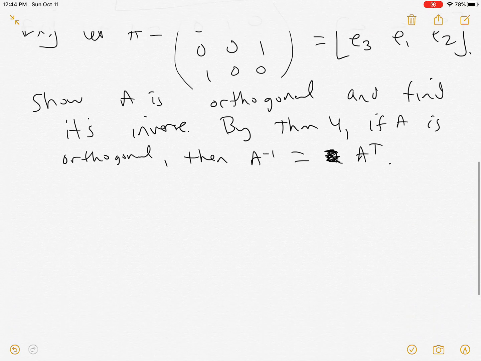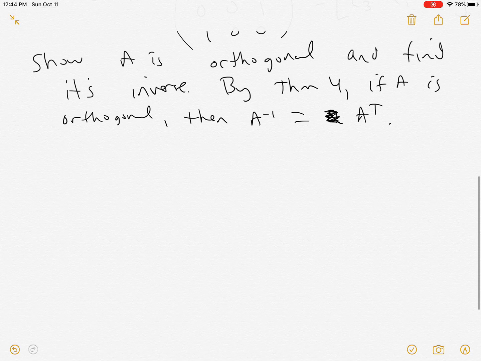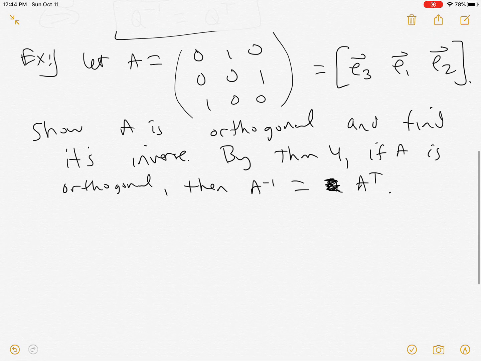Okay, well, we're going to go through all these steps, but for A to be orthogonal, what do we have to show? Let me make sure I've got everything sorted. The columns need to form an orthonormal set.